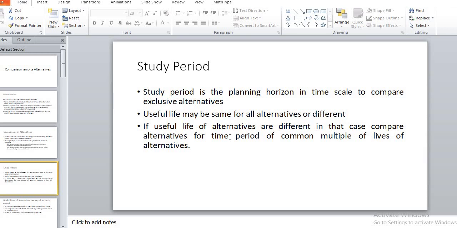But when the lifespans are different, it is difficult to compare. Then we compare on the common multiple of the lives of the alternatives, which we will discuss in the numericals also.